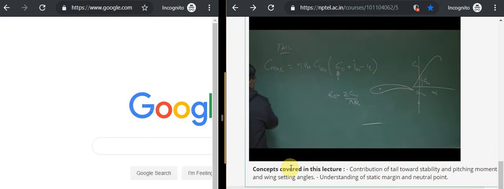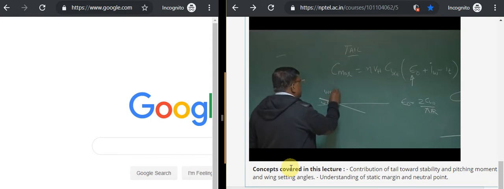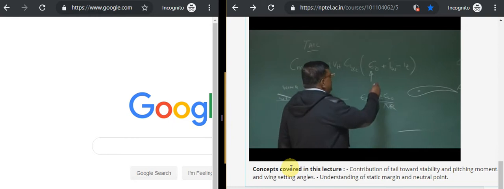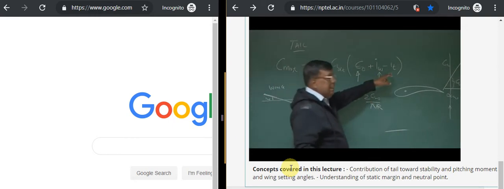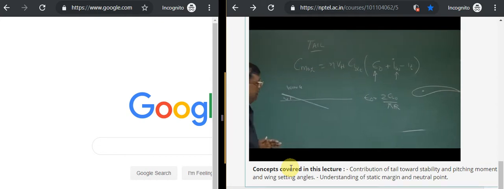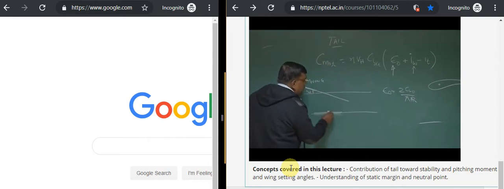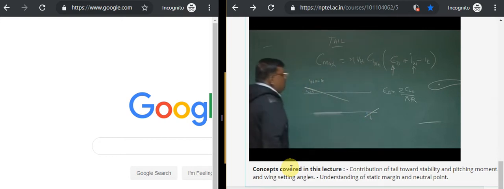See, this is, let's say, the wing setting angle, Iw. Okay. This is the wing. Right. If you see this expression here, Iw is the wing setting angle, and It is the tail setting angle. If we are thinking only in terms of tail setting angle, that is, there is no wing setting angle, the wing is like this, then we need to give a negative It to generate a positive Cm naught.